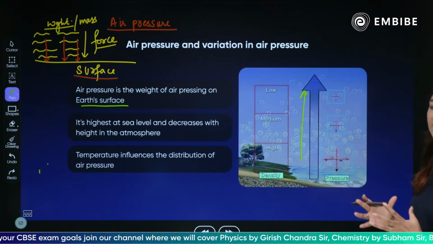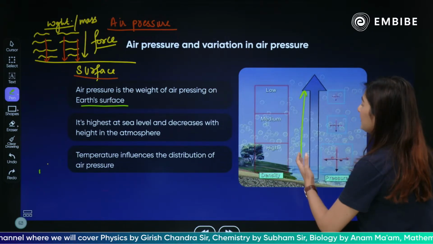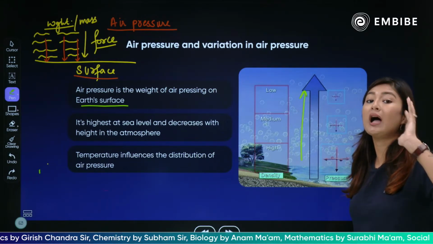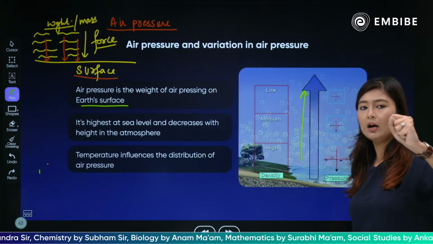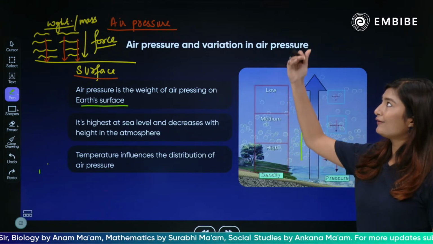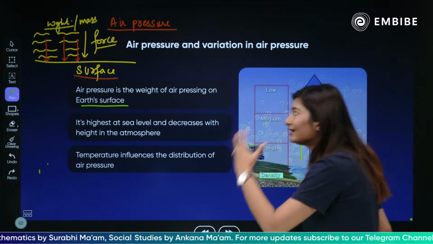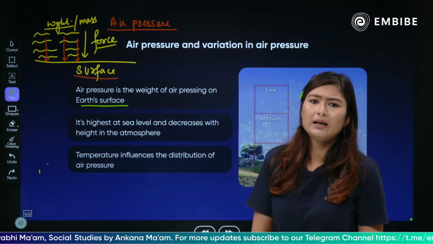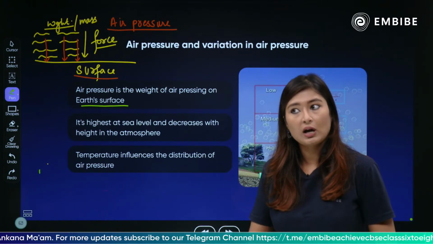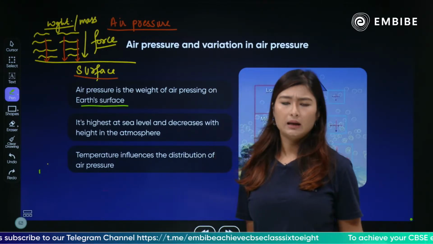It is the most dense, सबसे ज़्यादा हवा surface के around present है, और जब आप धीरे धीरे ऊपर जाने लगते हो वो कम होती जाती है, उसकी जो प्रेजेंस है, उसका जो अमाउंट है, उसकी जो डेंसिटी है, जो वॉल्यूम है, वो कम होने लगती है. So as you start going away from the surface of the earth, the amount of air starts decreasing. When there is less air, naturally pressure will be less. जहां पे भी ज्यादा एयर होगा, ज्यादा वेट होगा, ज्यादा प्रेशर होगा. जहां पे हवा कम होगी, कम वेट होगा, कम प्रेशर होगा. सिंपल है ना.